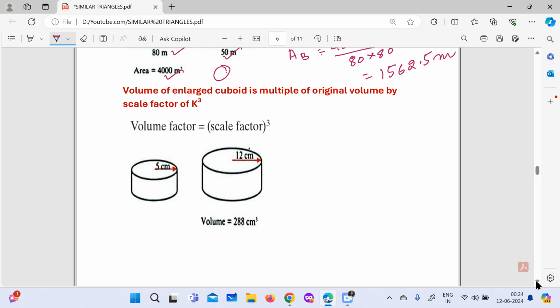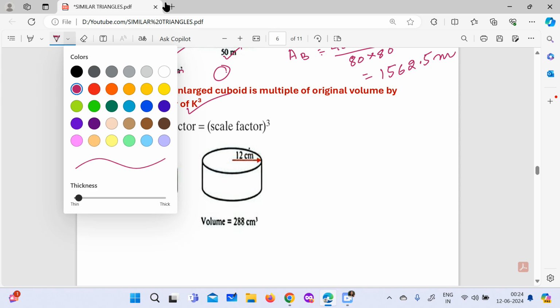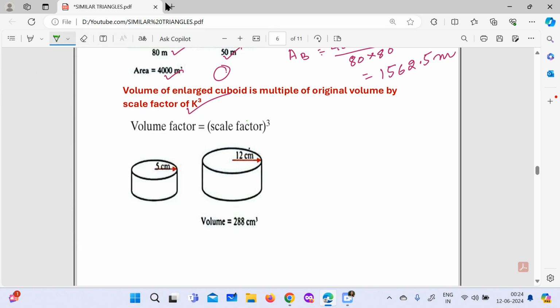Volume of enlarged cuboid is multiple of original volume by scale factor k cube. I have mentioned here the cuboid, you can also say any shape. Volume of any enlarged shape is multiple of original volume by scale factor k cube. What does it mean now? It says that volume factor is nothing but the ratios of volume.